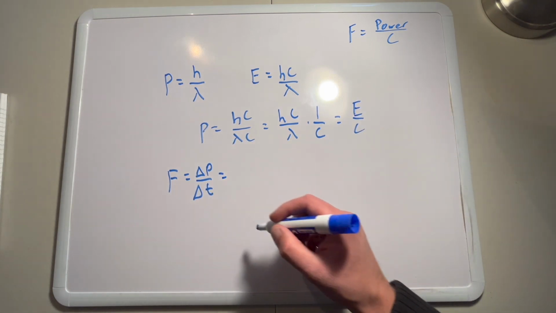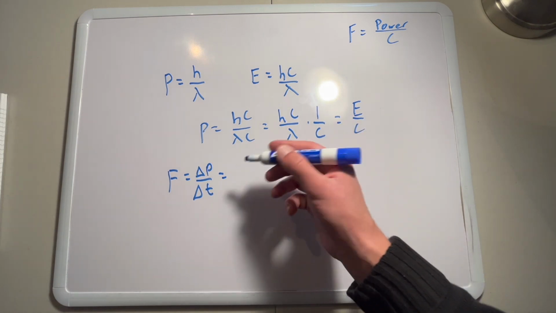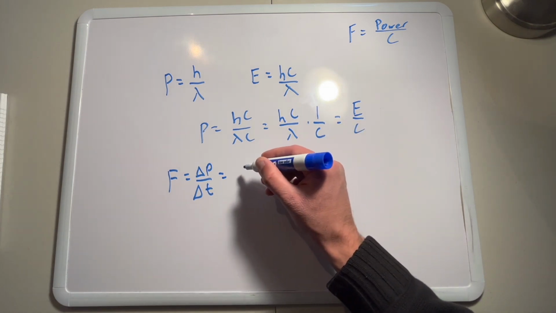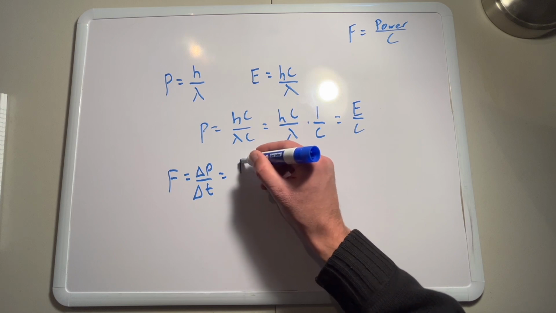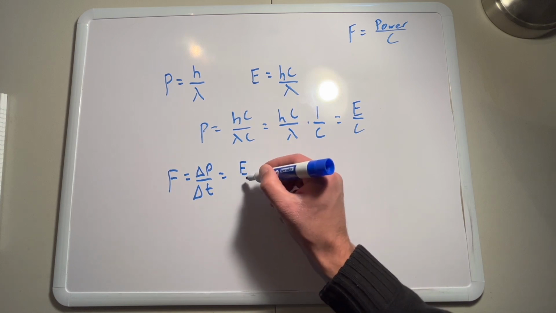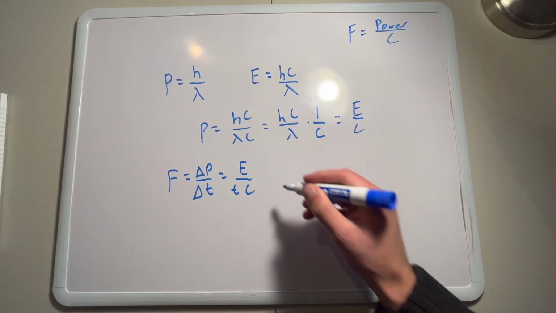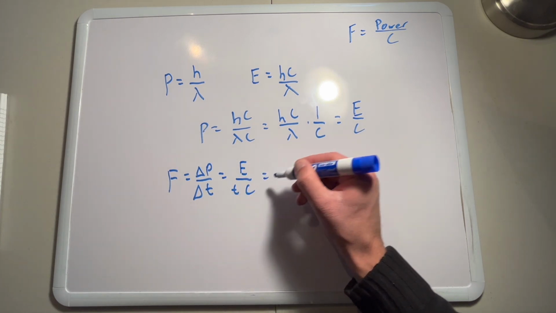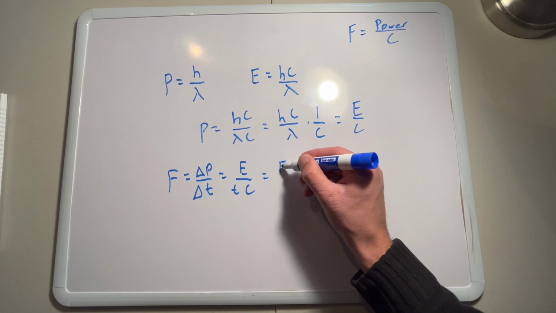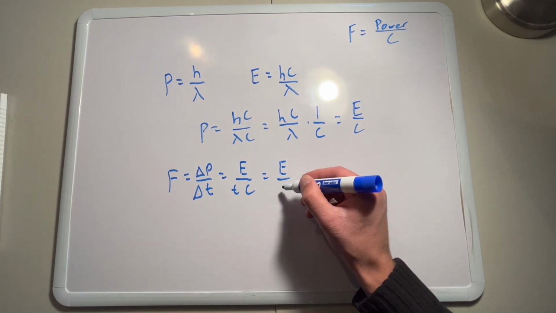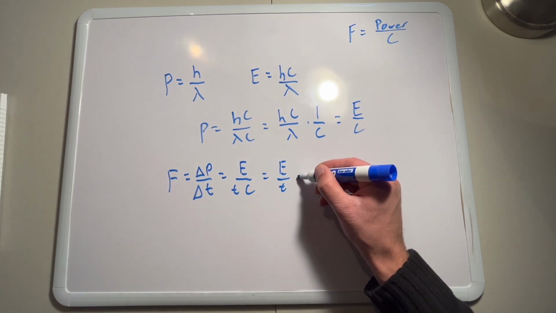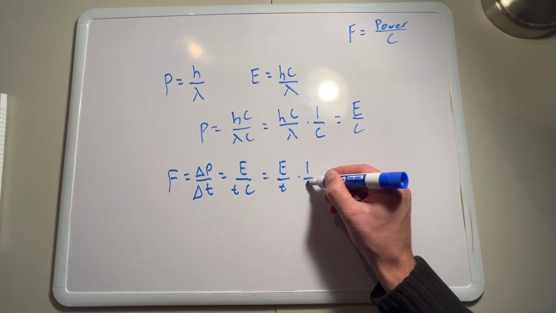And let's just say change in time is some constant t. So now we have E over tc. Let's break these apart to make it a little more clear: E over t times 1 over c.